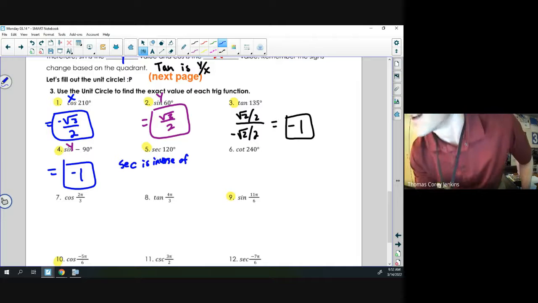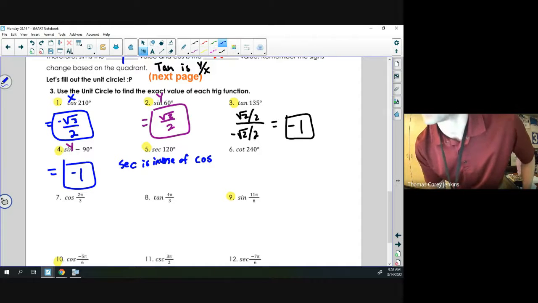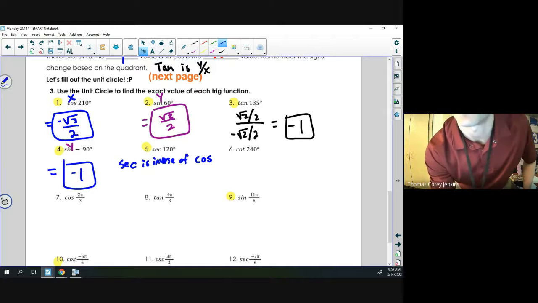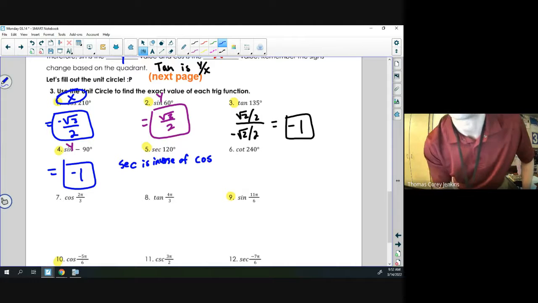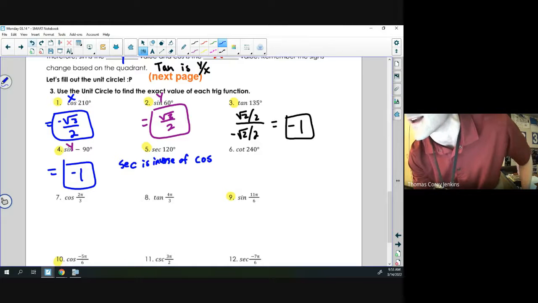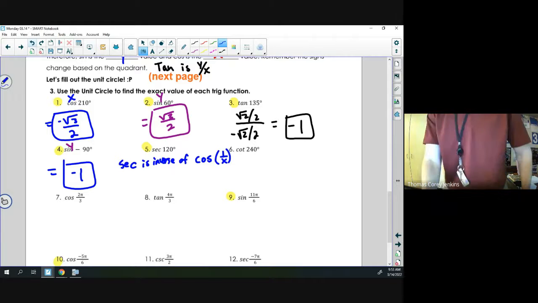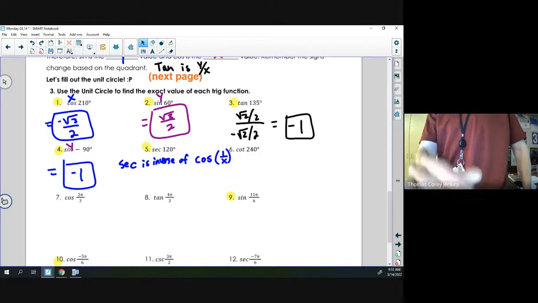Cosine. Very good. You guys are good. So if I want the inverse of cosine, I want the inverse of x. I could just think of that as 1 over x. So now I go find my 120 and its x value, and then we'll talk about how to do 1 over x.